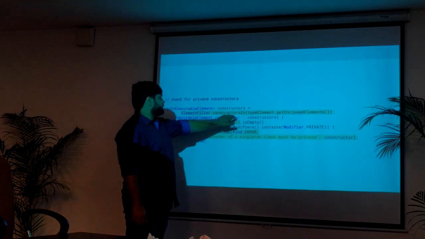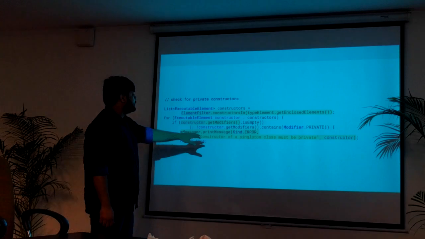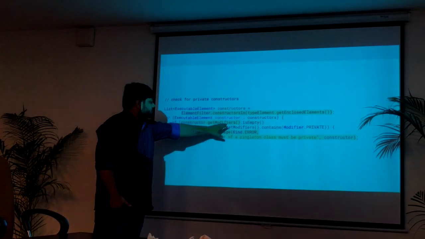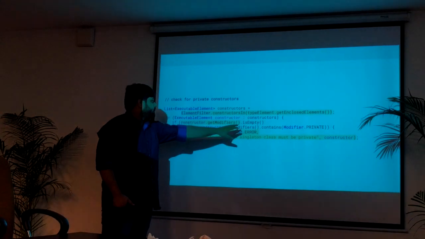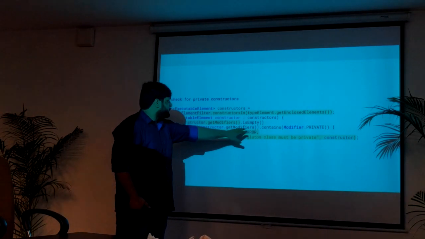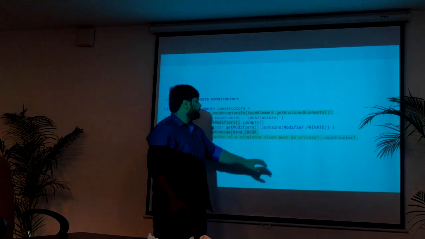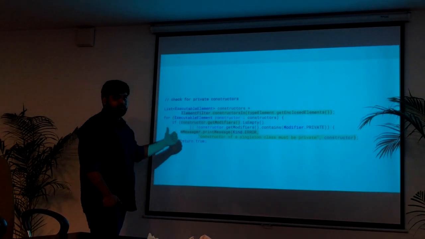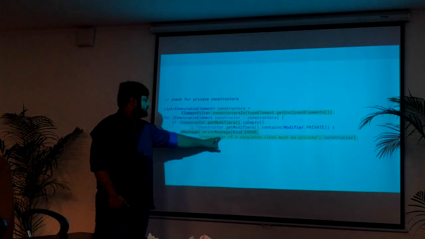We just want constructors, so we will filter them out. In all the constructors, we check the getModifiers method. It should contain private. If it is not private, we use the messenger which we got in the init method, and we just print a message.